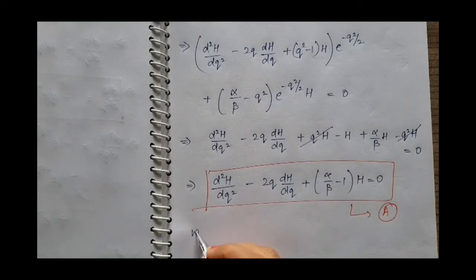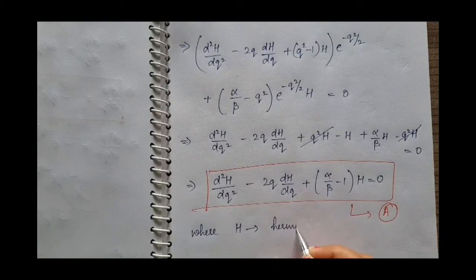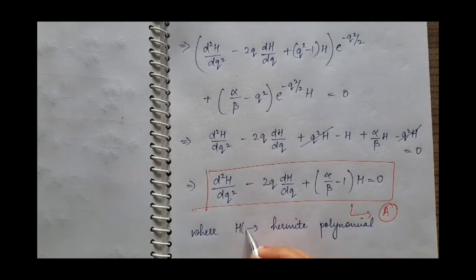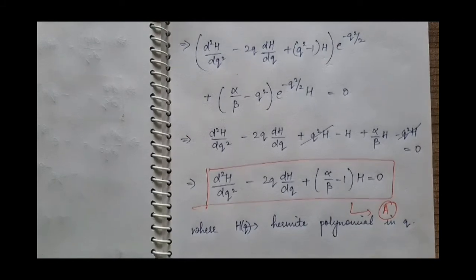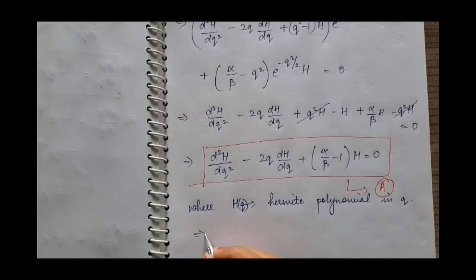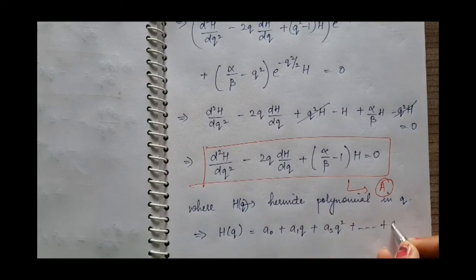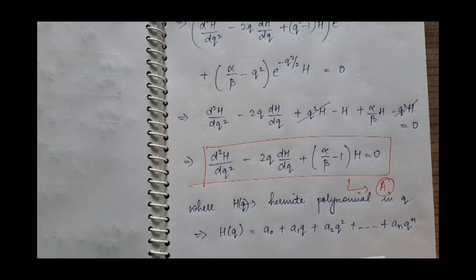Now we have to find the solution of this equation. Here this h is the Hermite polynomial, and it depends upon q. So this h(q) will be the Hermite polynomial in q. This implies h(q) will be equal to a0 plus a1 q plus a2 q square and so on up to an q^n.